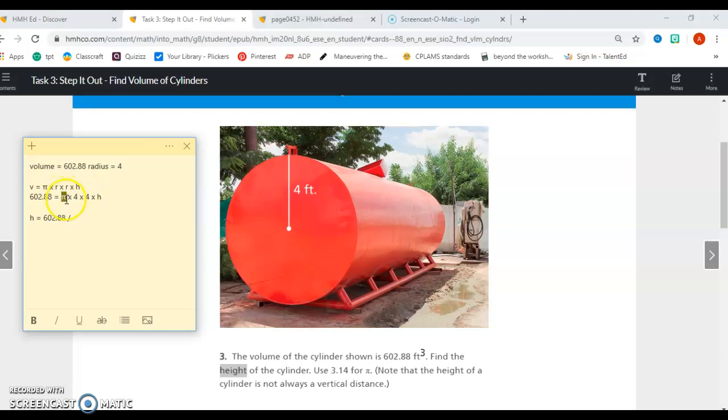Oh, where'd my pi symbol go? Divided by pi. Here's my pi symbol. Get up there. Okay, pi times 4 times 4. Okay, so now I have a formula for the height. What did I do there?